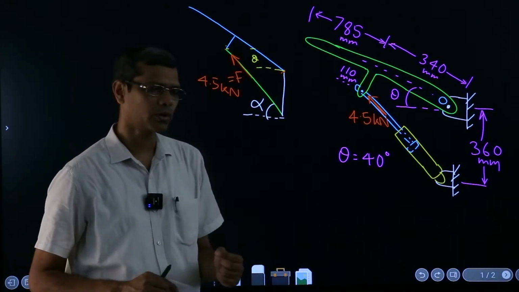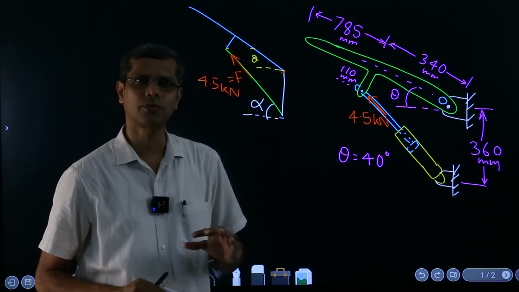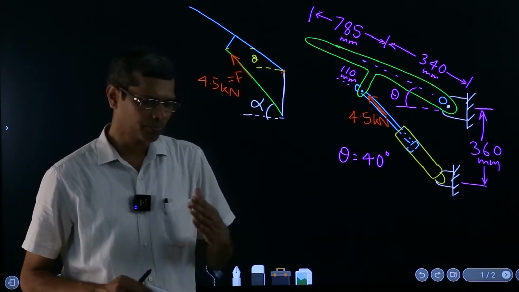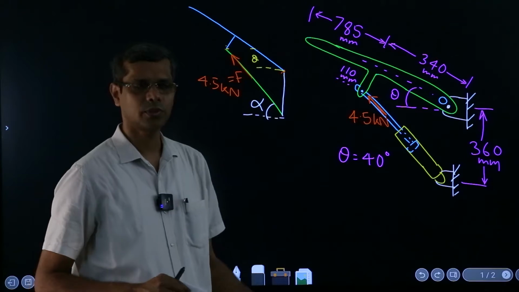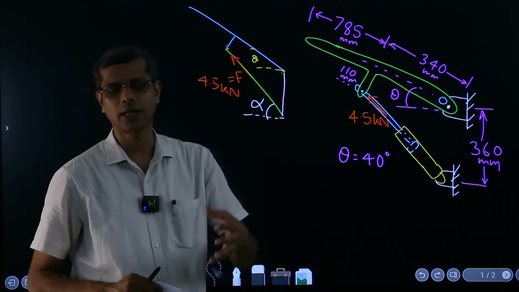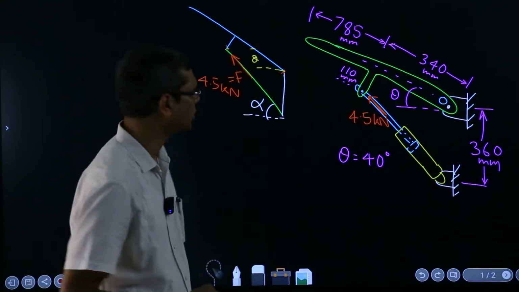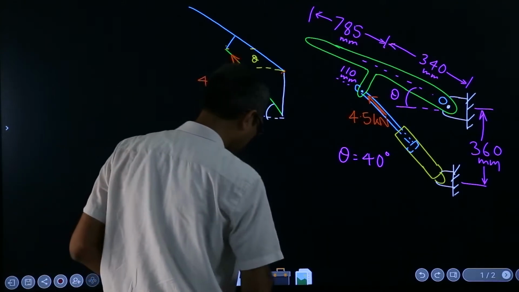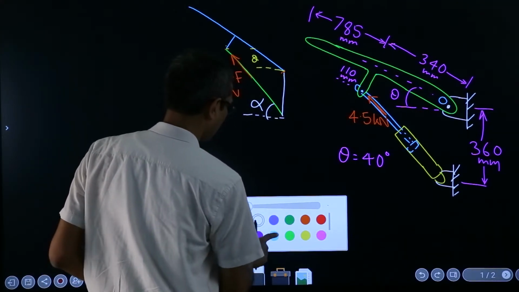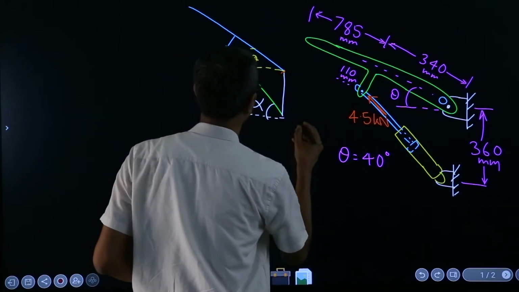And in this process, we will also introduce the concept of how to use different coordinate systems and transfer data from one coordinate to the other to do jobs. Now let's see what I mean by that.